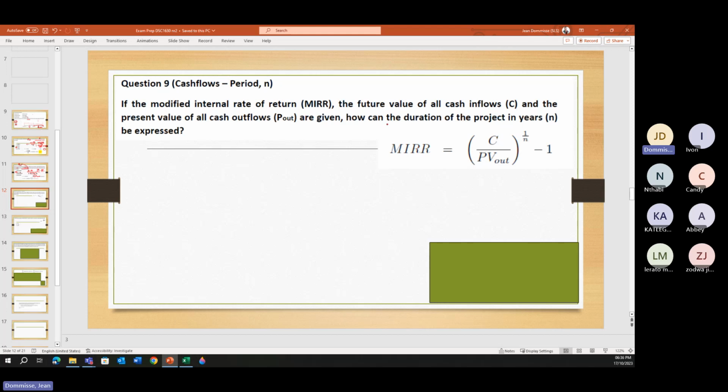Okay, so what I did is I copied in here what the formula looks like, because what they want you to do is to say, how do we get to N? So we need to make N the subject of this formula.